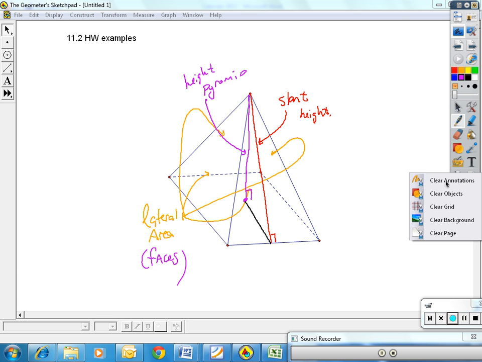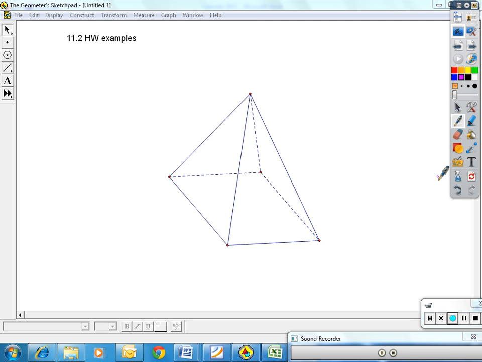Okay, let's move ahead. So here's a problem. We're going to try to find surface area. So the objective is the surface area of this pyramid. This is what we would call a square pyramid, and that square represents the base.